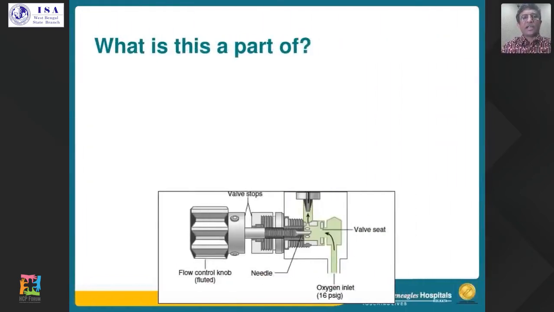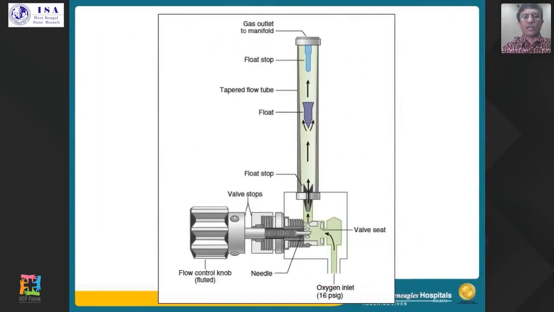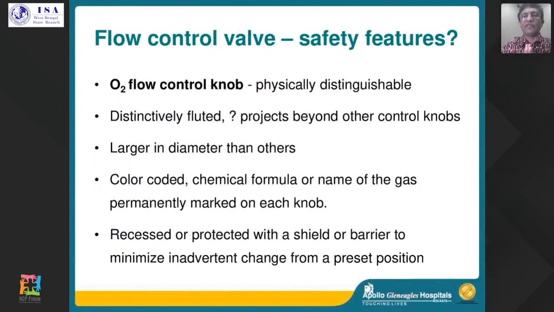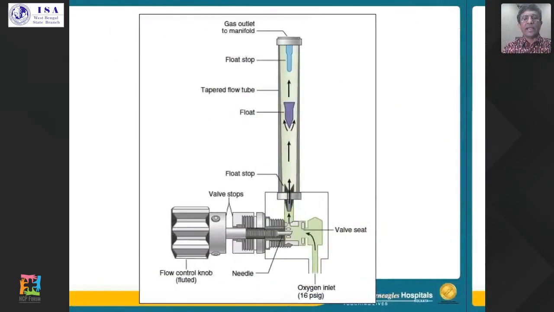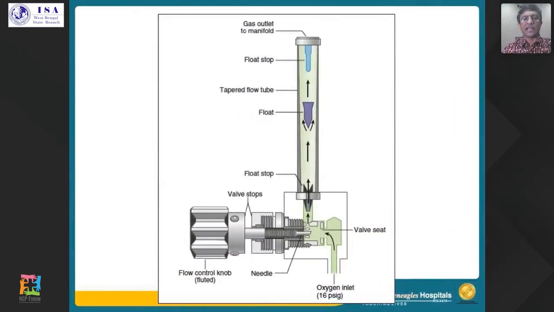The first thing that we come to is the flowmeter knob or the flowmeter assembly. And this again has certain safety features inherent to it. If you look at it, it has certain serrations, certain ridges, and I need not say that it is color coded, it has the label. The way it functions is by turning, you let in this valve and control the amount of oxygen that can go through.